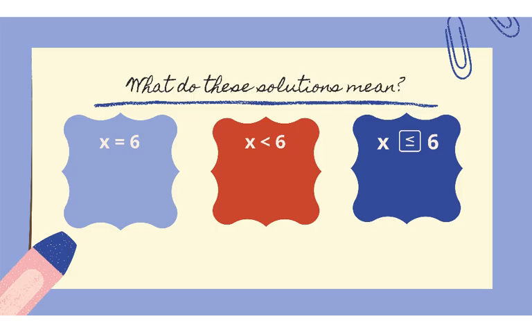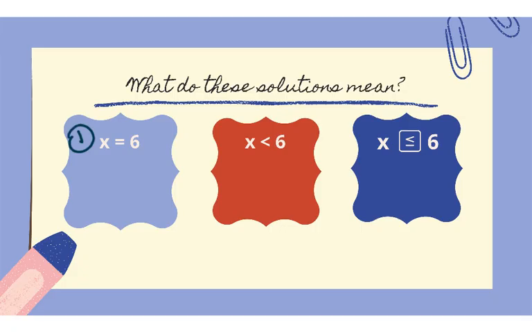Let's talk about what each of these different types of solutions mean. If we solve an inequality, or we're given a solution for an inequality and they ask us to graph it or interpret the meaning of it, there are different meanings to each of these. So let's first look at x is equal to 6.